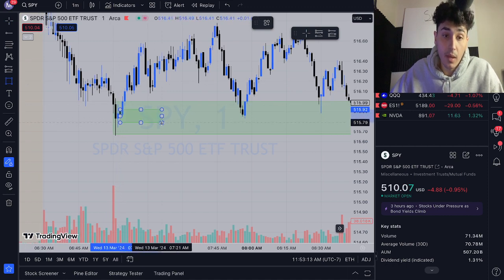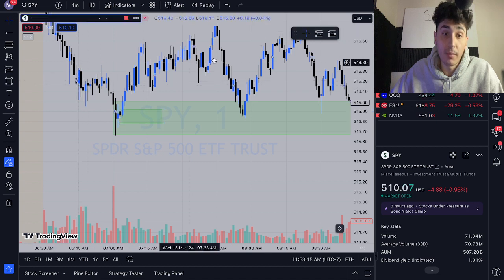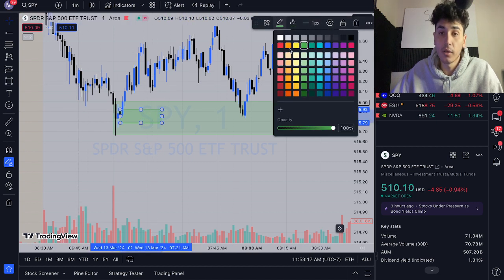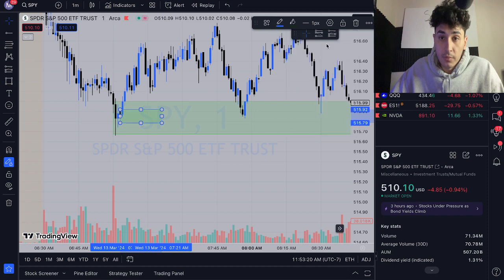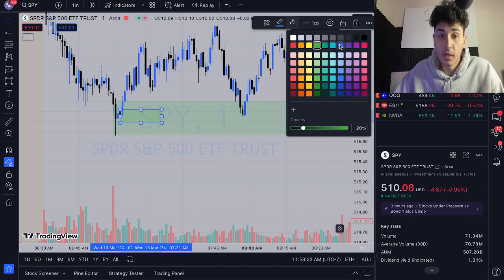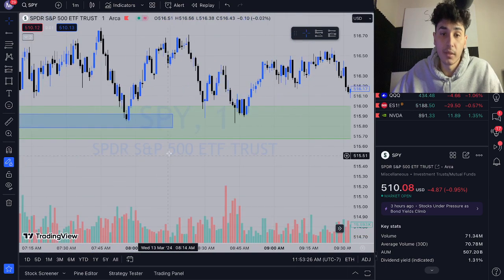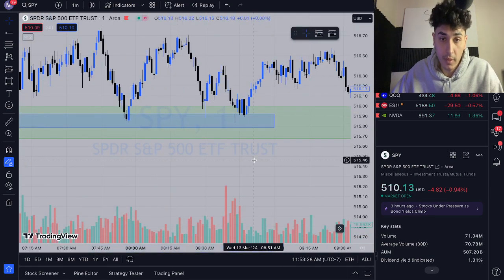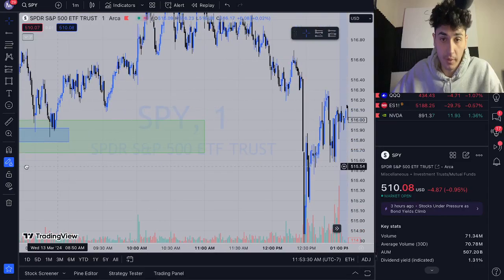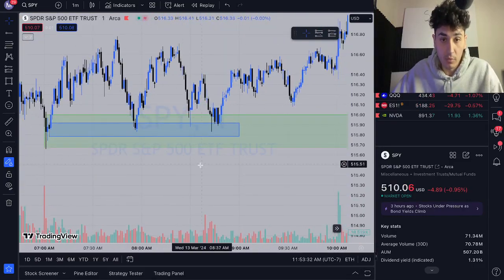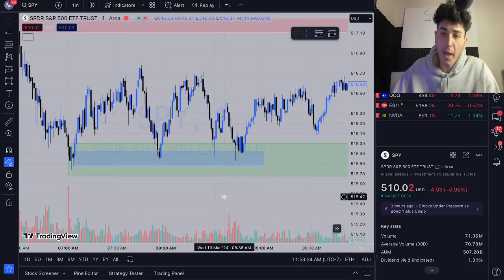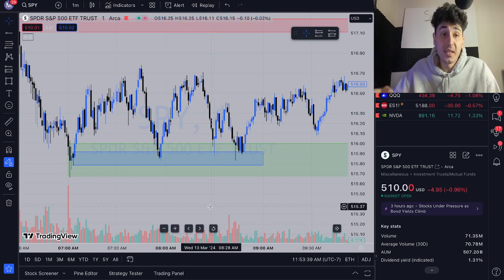Now I'm going to make my demand zone on the 1 minute a different color. Let's make it blue, so we really have an idea of what the zones are. Now I'm going to extend the 1-minute zone all the way out. We can see we had multiple reversals. Keep in mind, you realistically only want to use a supply zone 1 to 3 times.